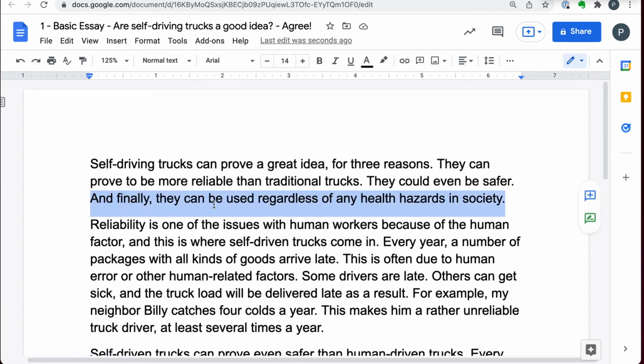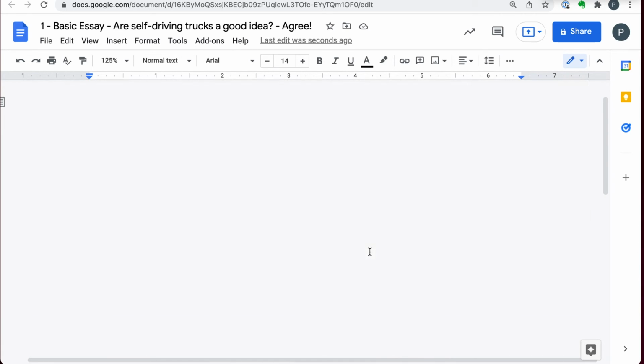Finally, they can be used regardless of any health hazards in society.